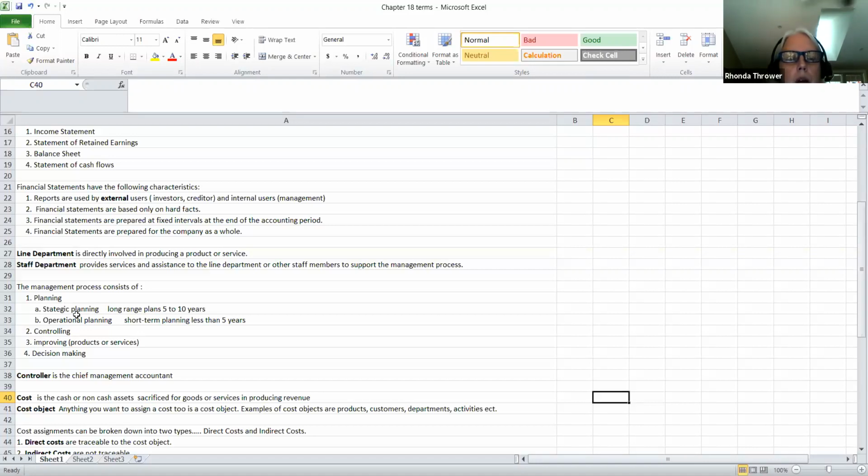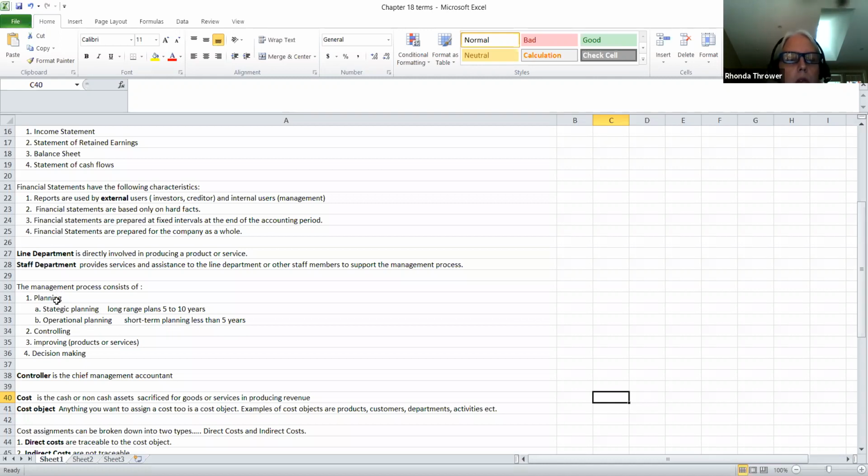And a management team will do that with strategic planning, which is long-range plans for operations of the company from 5 to 10 years, or they can do short-term plans, which are called operational planning, which would be less than 5 years.